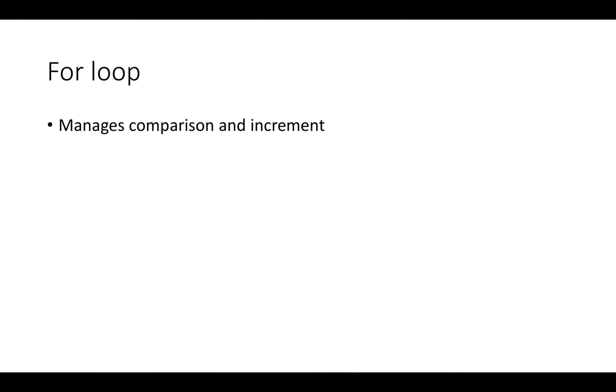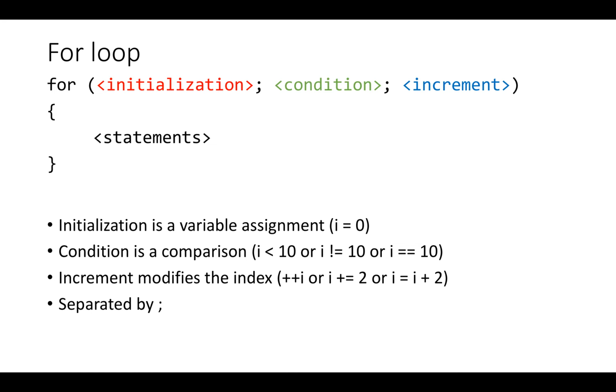A for loop says for, then the first component is initialization, a semicolon, condition, a semicolon, and then increment. Just like a while loop or a function, it's attached to a code block which executes statements when the condition is true.